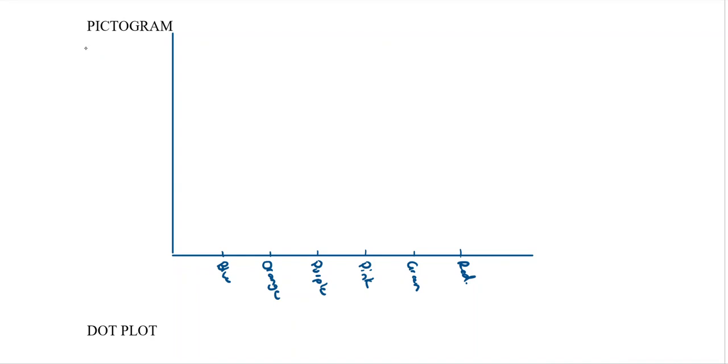So you need to do a key over here. I'm going to say a squiggle is going to be equal to 1 person. That means each person is going to get their own little colour squiggle, and try to keep them evenly spaced as you go up.